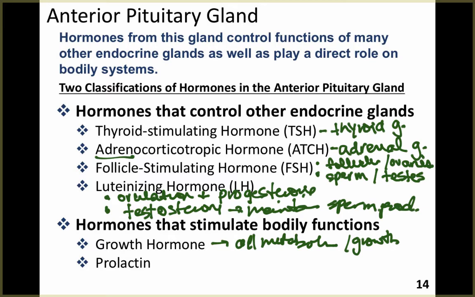It's in growth of bones and muscles. And we're going to talk a little bit here in a second what can happen whenever those go awry. And then prolactin is a lactogenic hormone. So this helps to stimulate milk production. And that's in the mammary glands.